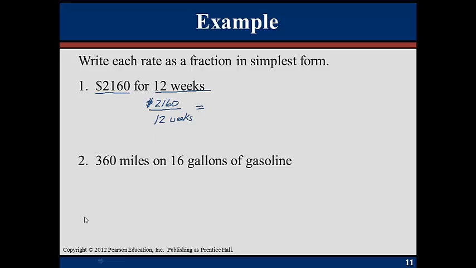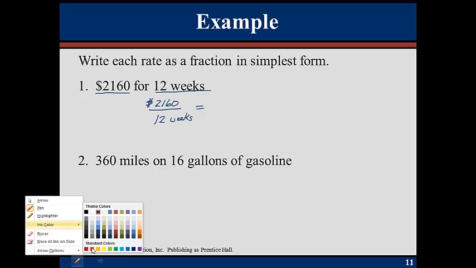Now, of course, we can simplify this by dividing both by 12.